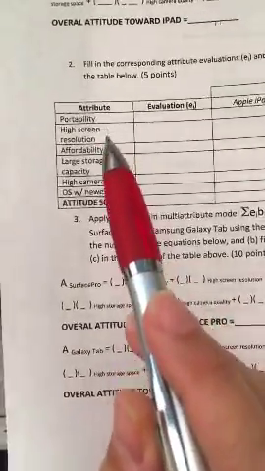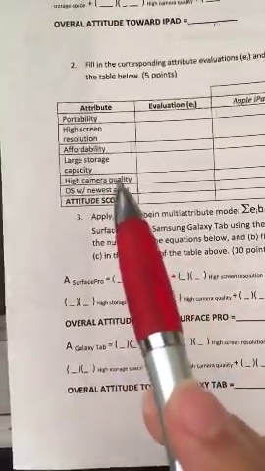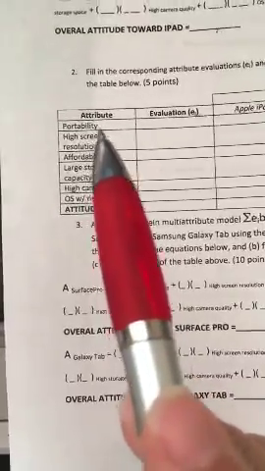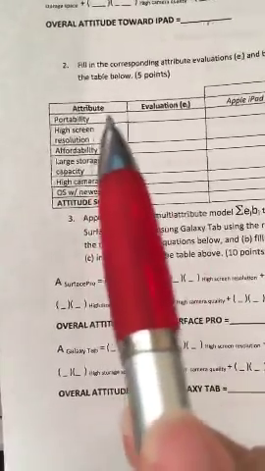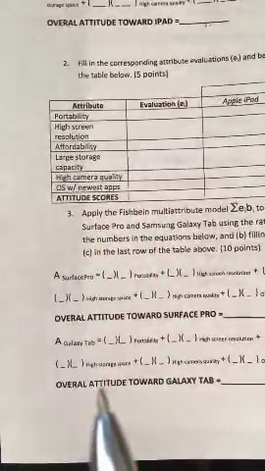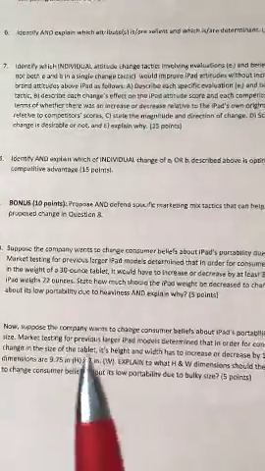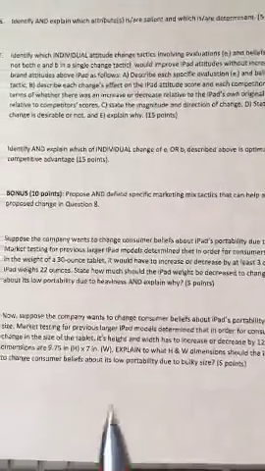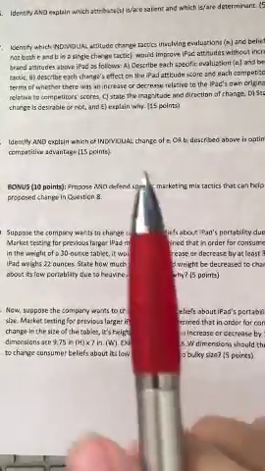So these proposed changes are all in relation to these attributes, right? So if it's improving people's beliefs about the iPad's portability, well, how would you change that? So you have to think of a specific marketing tactic, think about the marketing mix and be specific. What would change people's beliefs about that attribute?